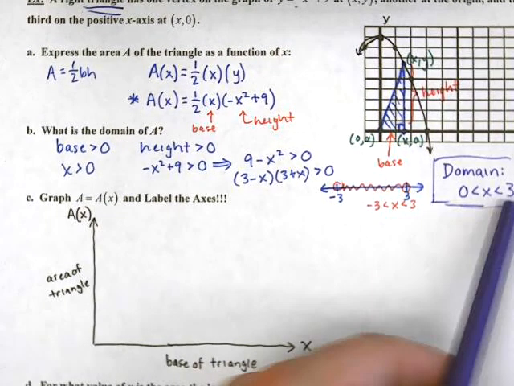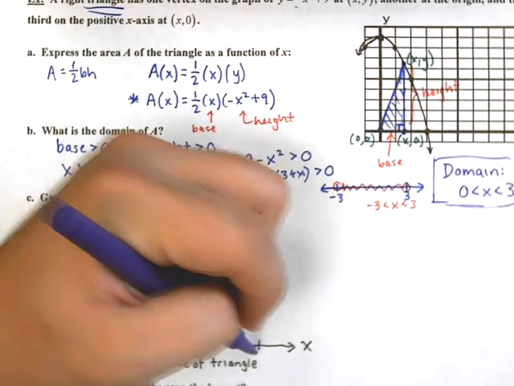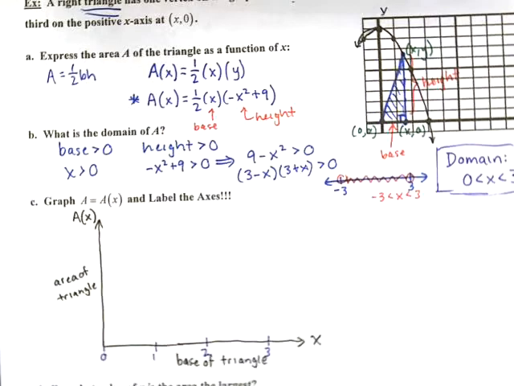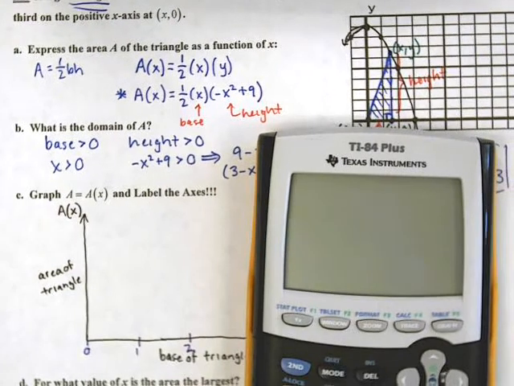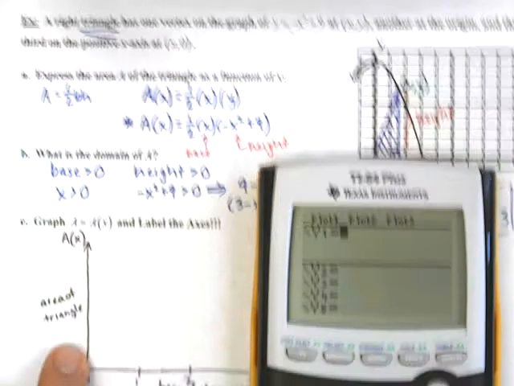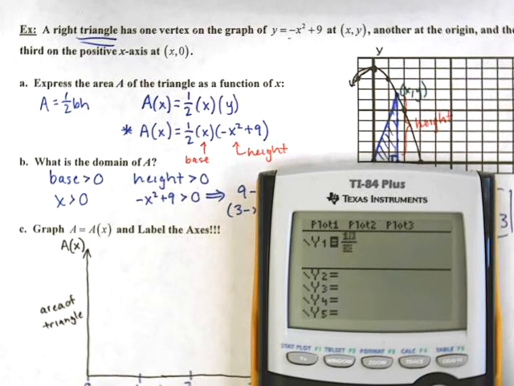My domain is 0 to 3, so this is 0, 1, 2, 3. That's nice and easy. The rest, we have to go back to our calculator. So we're going to take out our calculator, clear everything. We have to put in our new area equation. So, alpha y equals 1/2 x, and then negative x squared plus 9.